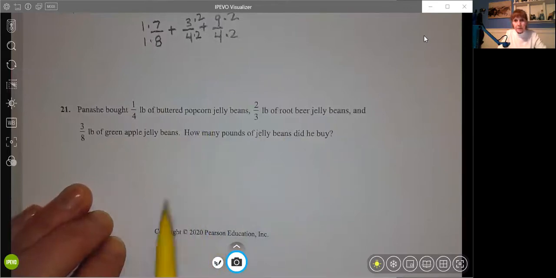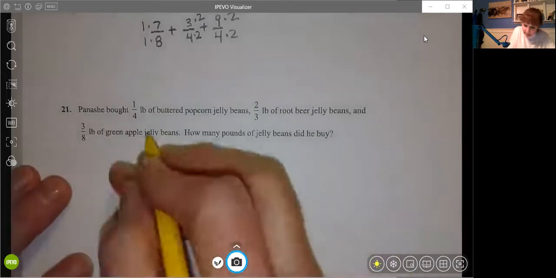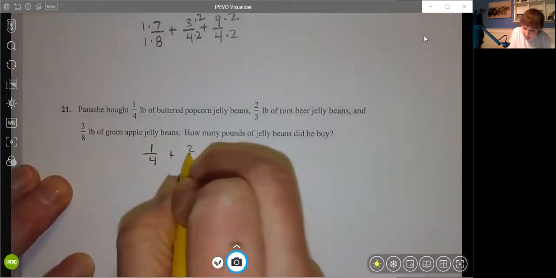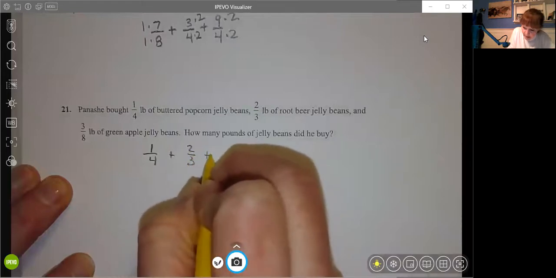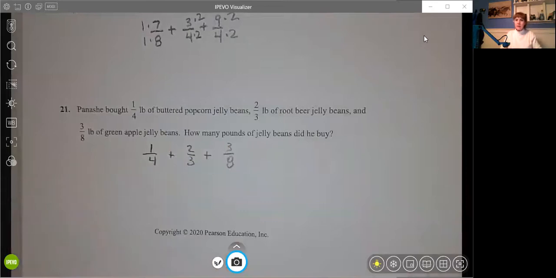How many pounds of jelly beans did he buy total? Well, you're going to have to take 1/4 plus 2/3 plus 3/8, and to find a common denominator between 4, 3, and 8, in this case, they all go into 24.